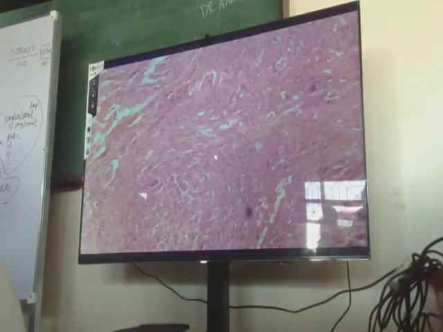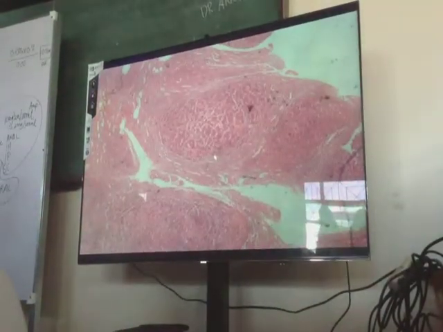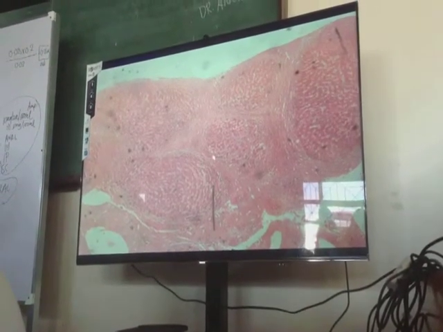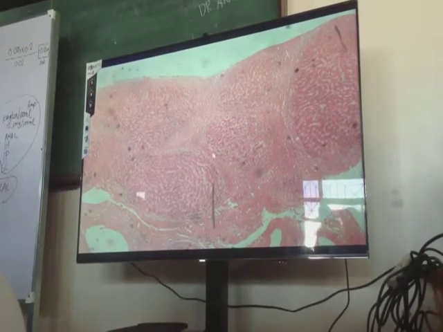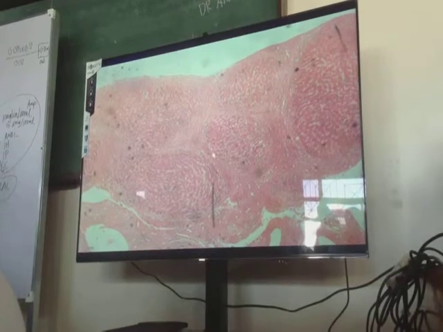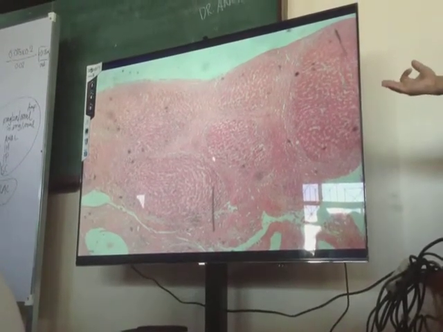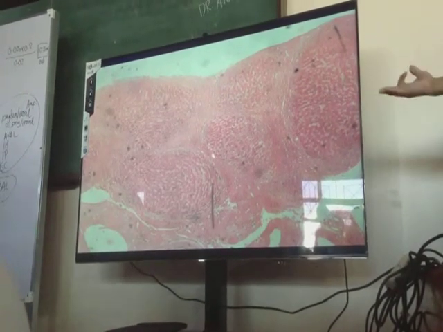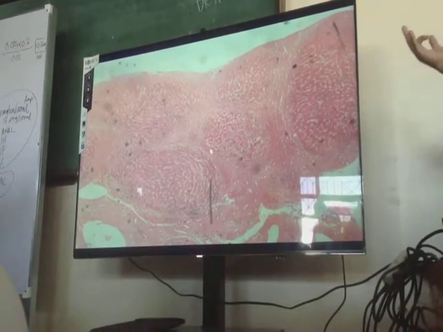Now, unfortunately, the abnormality that we can identify here is only cirrhosis. Remember, secondary biliary cirrhosis, primary biliary cirrhosis, sclerosing cholangitis will eventually develop into cirrhosis because of the obstruction of bile flow.